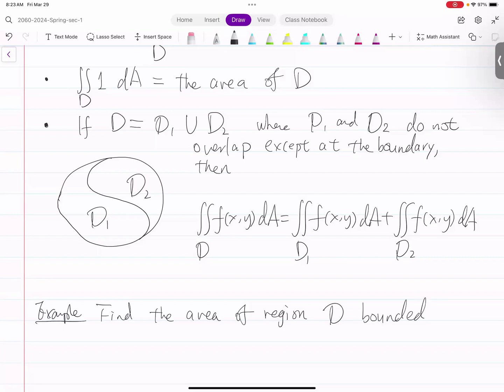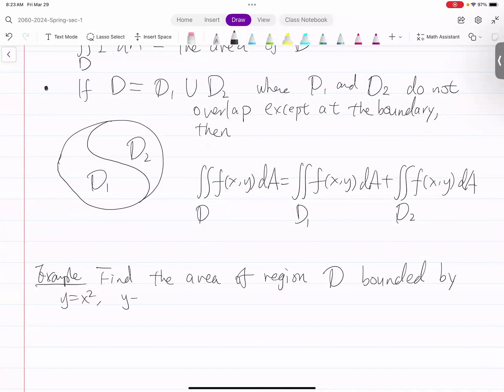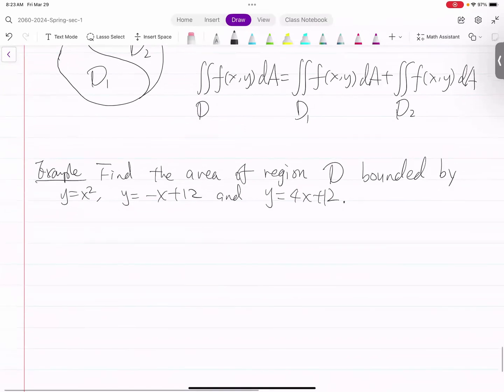Here we have y equals x squared, y equals negative x plus 12, and finally y equals 4x plus 12. So here we have a parabola and two lines.